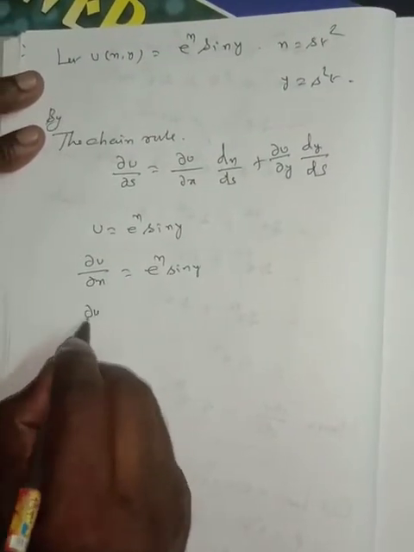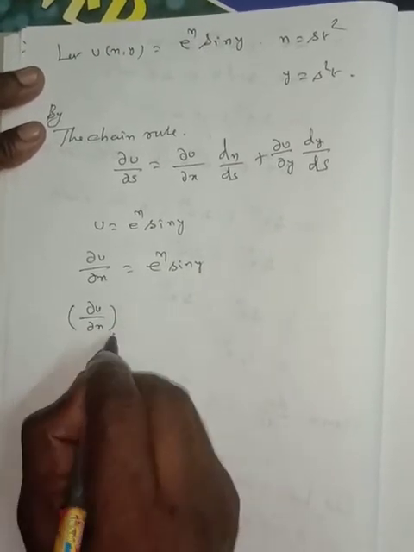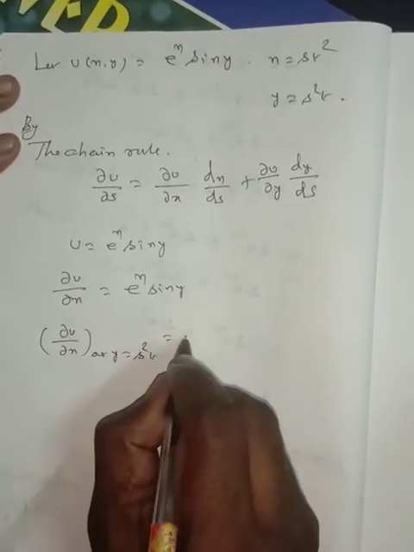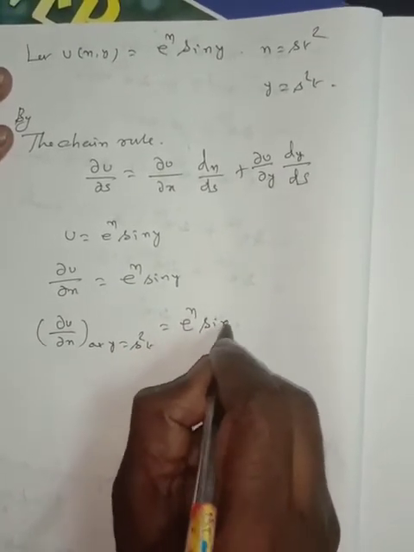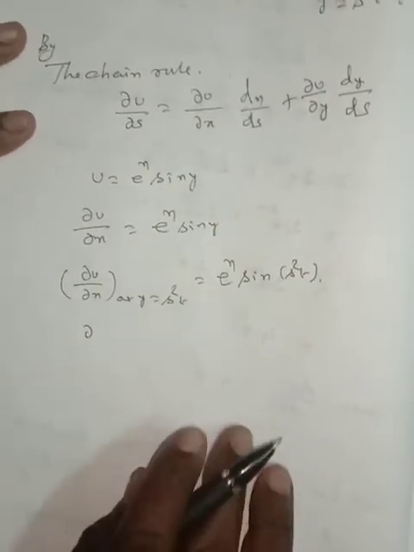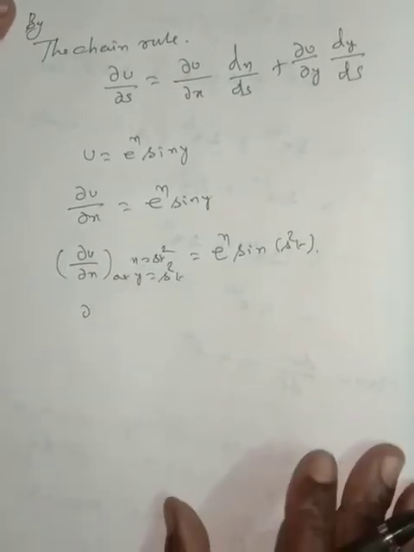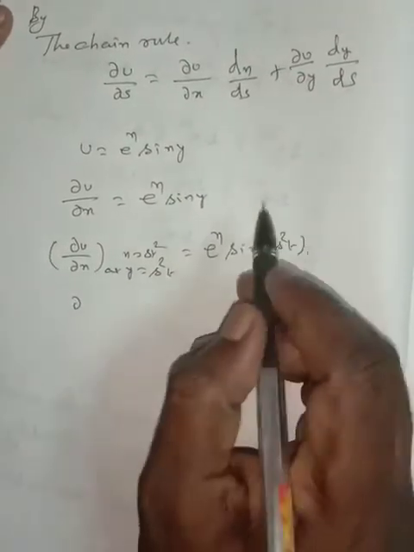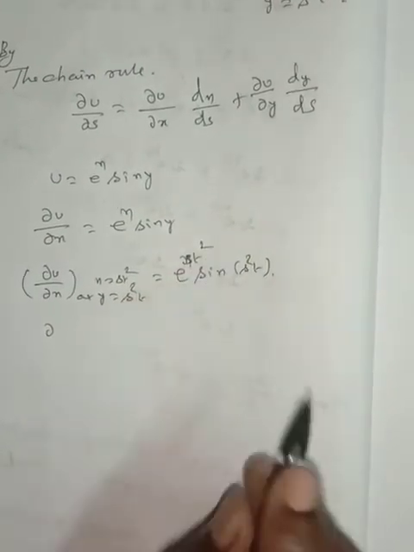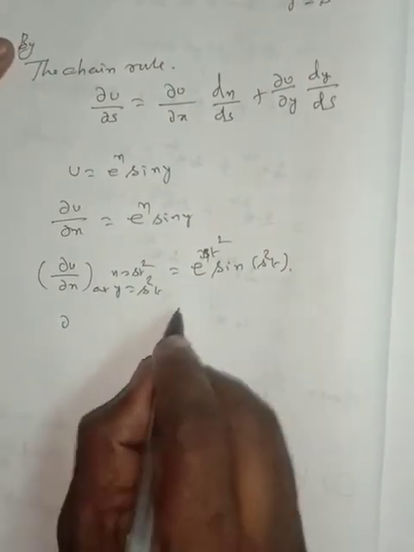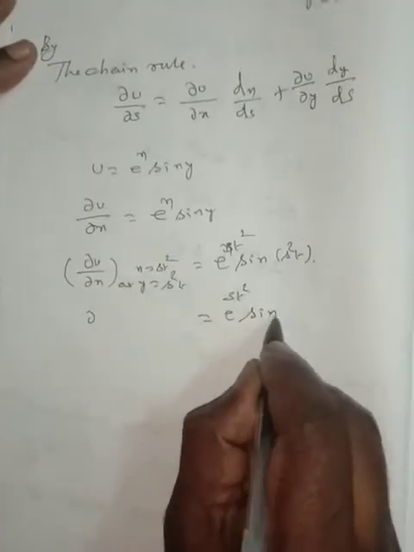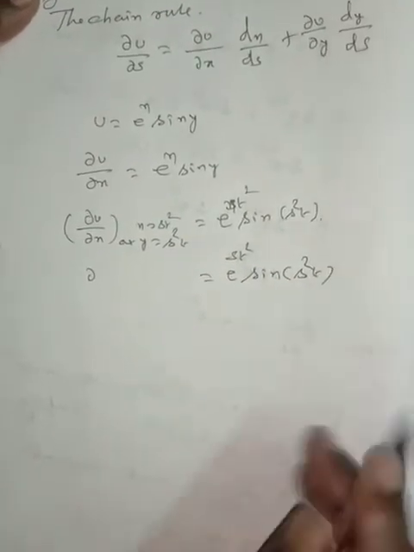Therefore dou u by dou x at x is equal to s t square, y is equal to s square t is equal to e to the power of s t square sin s square t.